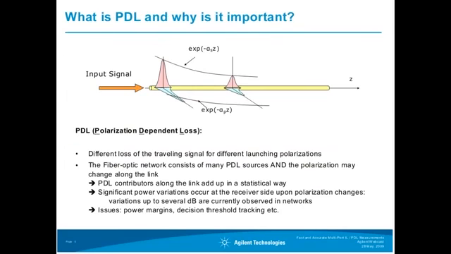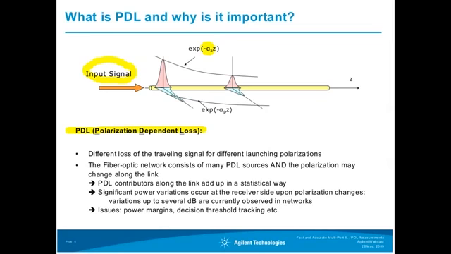We started discussing PDL, and what is PDL and why is it important? First of all, PDL is called Polarisation Dependent Loss. You can imagine that when you couple a signal into a fiber, the signal travels down the fiber or down the component. In case you couple in one polarization, for example, the polarization indicated with red color here, you may have one type of attenuation constant.